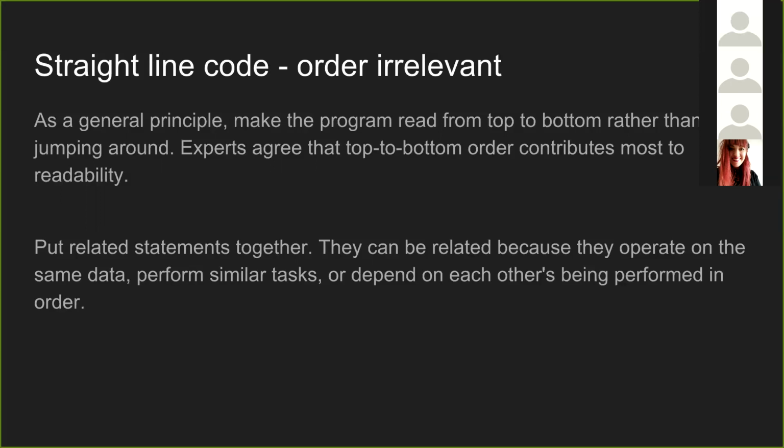One important thing is also to put related statements together. They can be related because they operate on the same data, or they can be grouped by some other criteria, but you have to keep the criteria consistent.